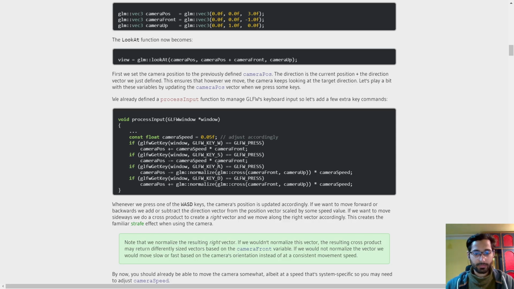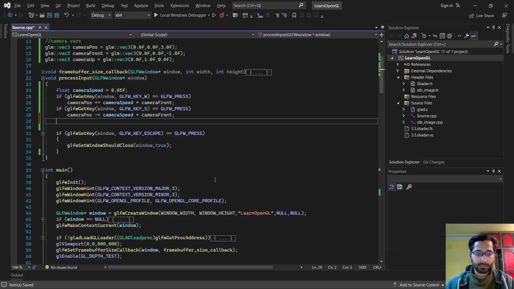So in order to go left, when we press the A key, we're subtracting that. Okay, so we're going to normalize it first to make sure its length is 1, and then we're going to multiply it by the camera speed.